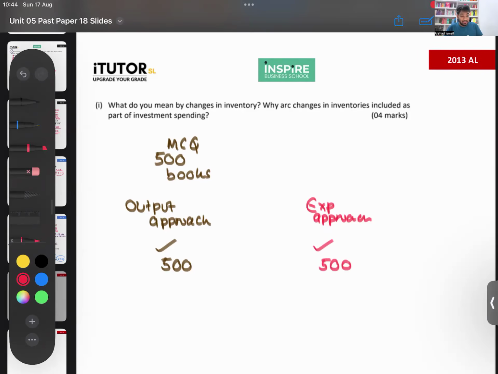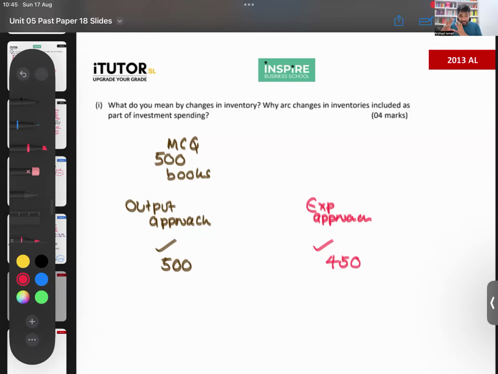But there is no guarantee that all that I print will get sold. Let's say I printed 500, but I was only able to sell 450. If that is the case, then there is an issue.